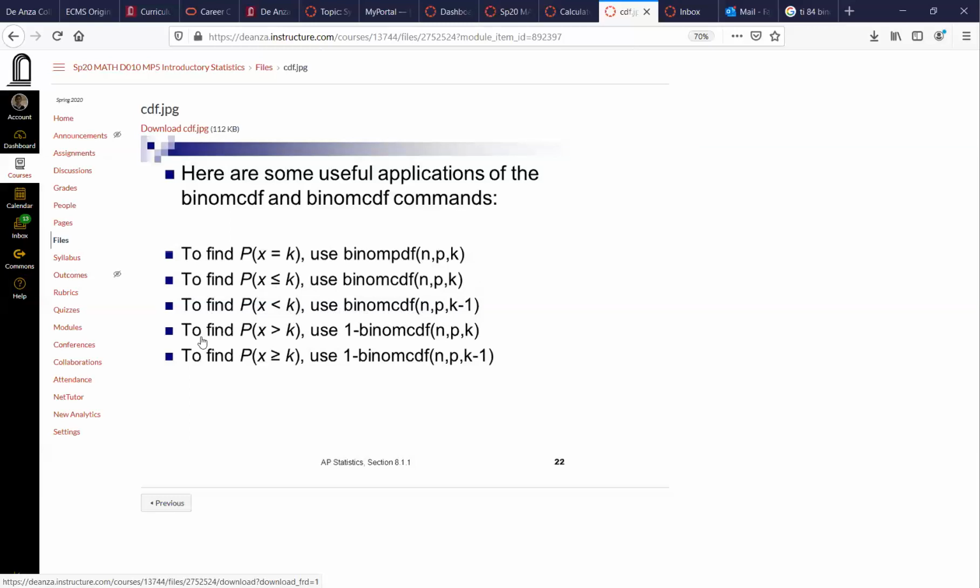If the question says, find the probability that X is greater than K, it is 1 minus binomial CDF. If the question says, find the probability that X is greater than or equals to K, it is 1 minus binomial CDF, and you have to subtract 1 from K as well.